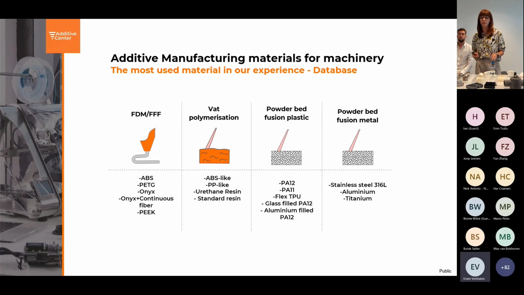For powder bed fusion metal processes, materials like stainless steel, aluminium and titanium. In our experience, stainless steel is one of the most used metals for machinery applications. Of course, there are also aluminium and titanium, but from our experience, stainless steel is on top.